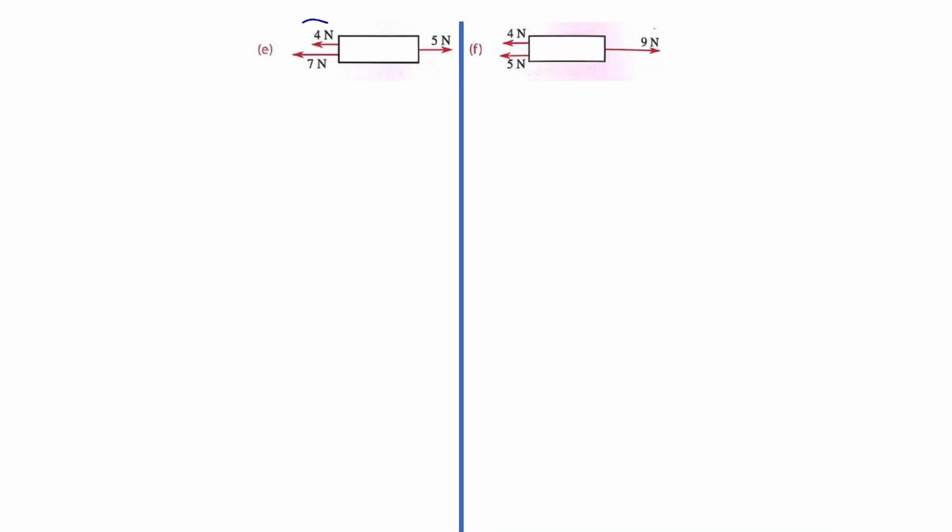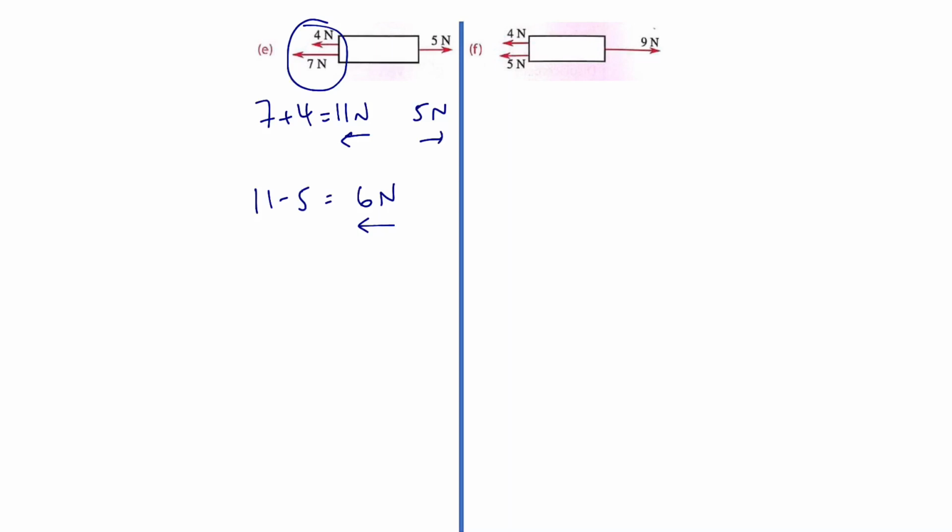Okay, so we treat these two as 1, so 7 plus 4 gives us 11 newtons. So we've got 11 newtons to the left, we've got 5 newtons to the right, so 11 take away 5, so that gives us 6 newtons to the left.